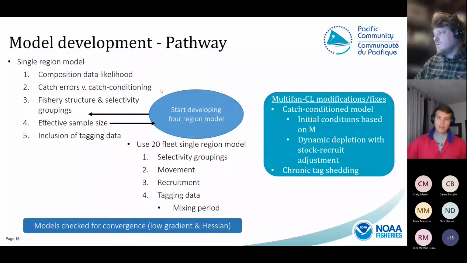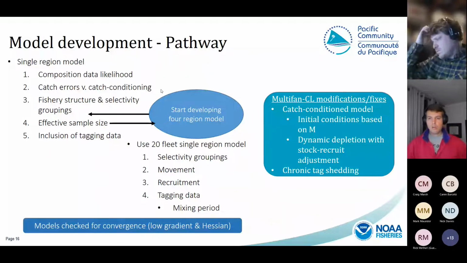And it also incorporated a chronic tag shedding component, which wasn't previously a feature in MultiFan-CL, but Nick Davies worked hard to add that in so that we could better model the tagging data from the simulation.